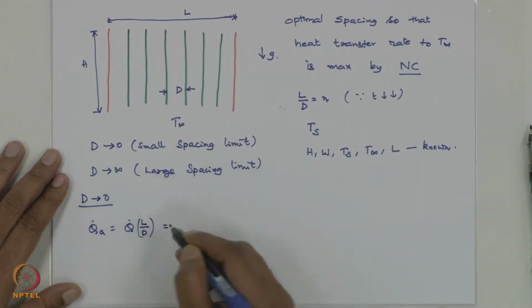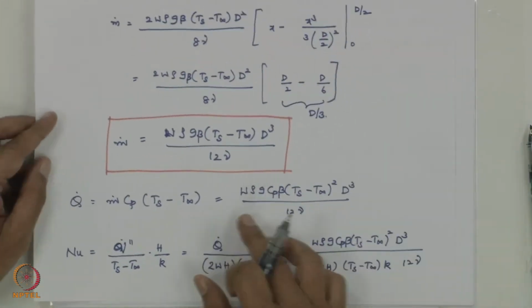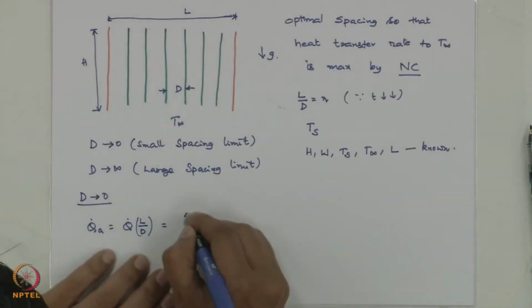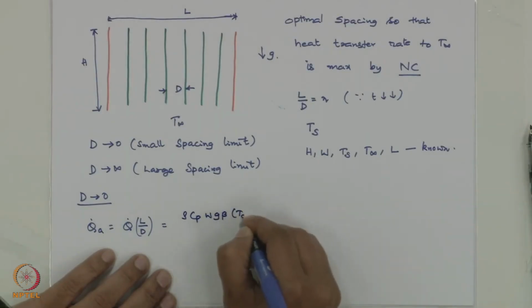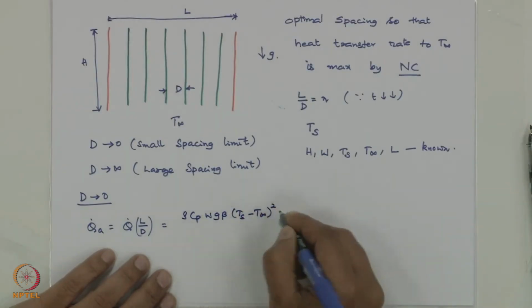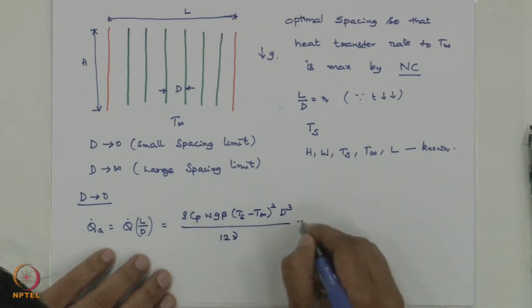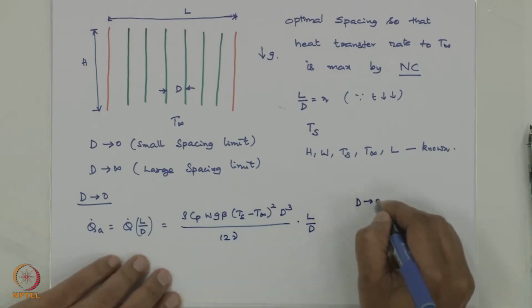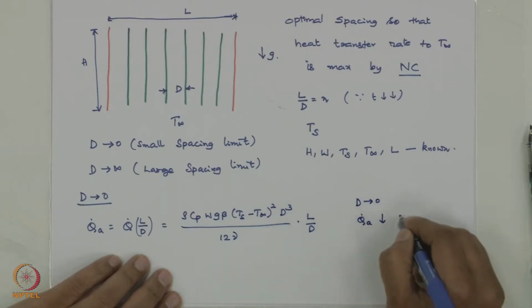So we just now found Q dot equal to rho Cp W g beta (Ts minus T infinity) squared D cube divided by 12 nu into L by D. Please notice that as D tends to 0, Q dot A decreases as D squared.